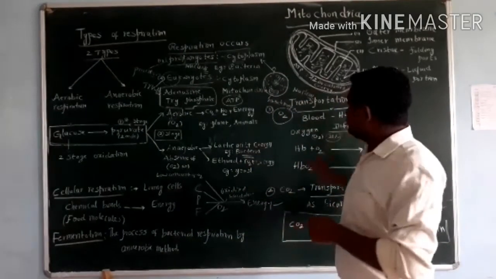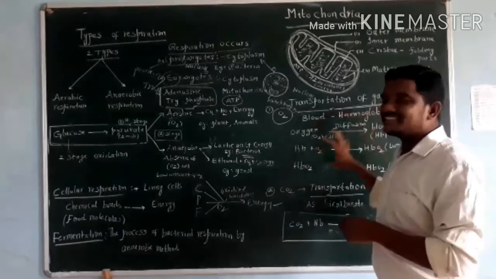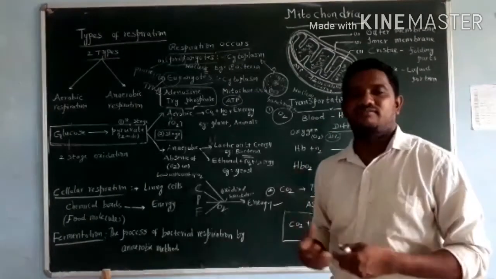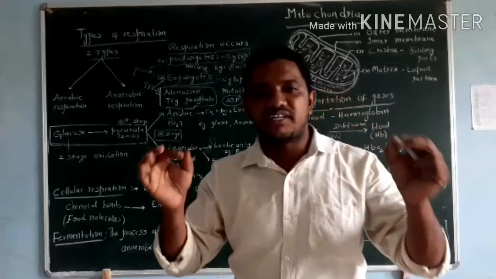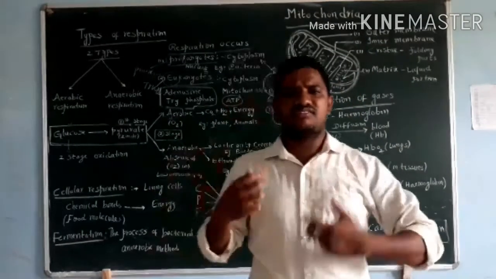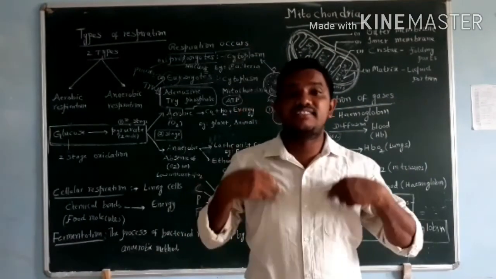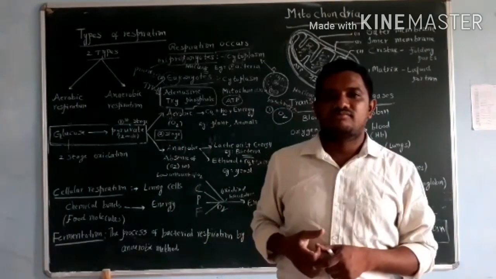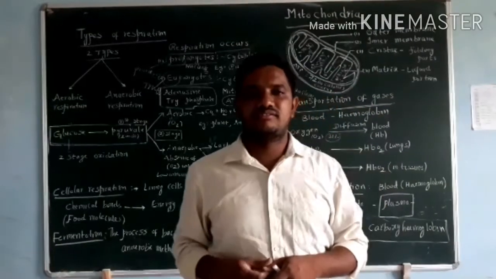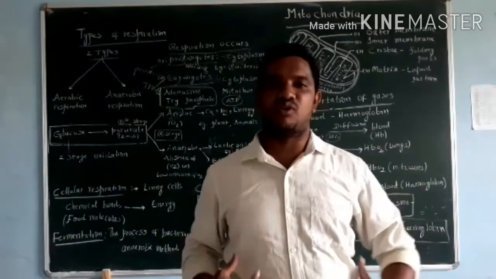Next concept is how gases are transported in our body. Transportation of gases in our body. We are taking in oxygen. Carbon dioxide is released from the lungs. How are these gases transported in our body?